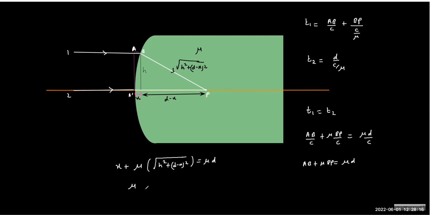So you can write as mu, squaring both sides. So let's expand this.